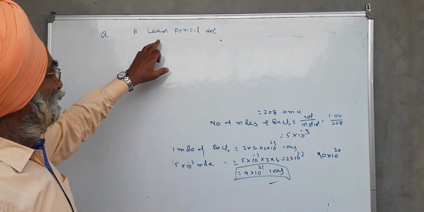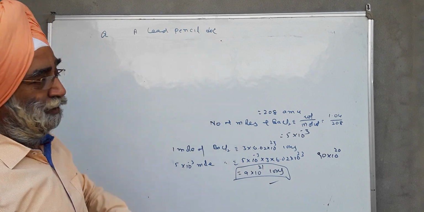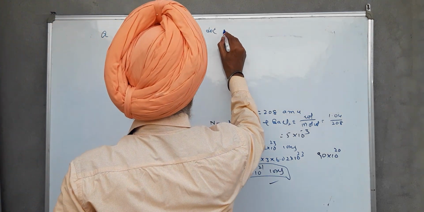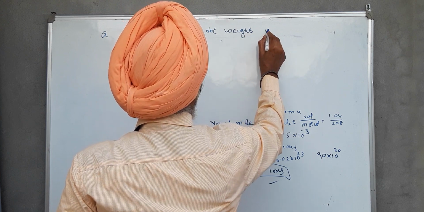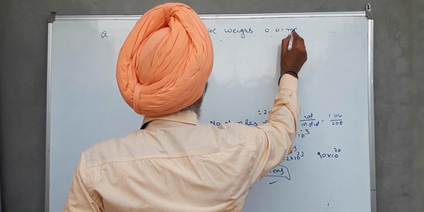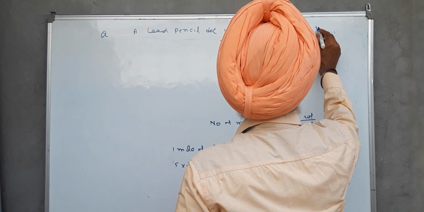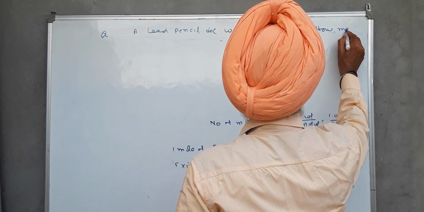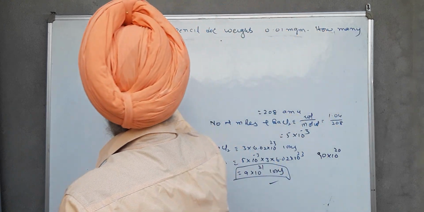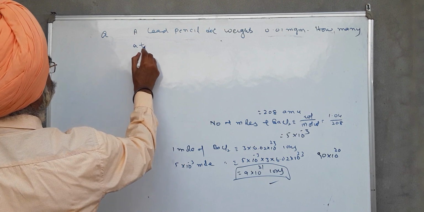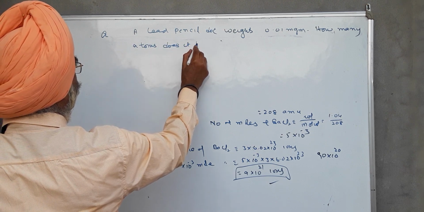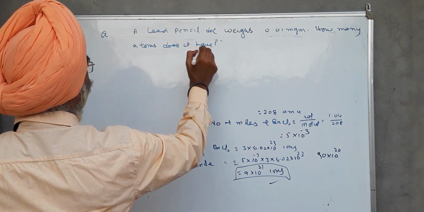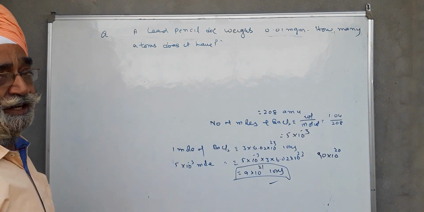With the lead pencil, we make a dot, which weighs 0.01 milligram. How many atoms does it have?